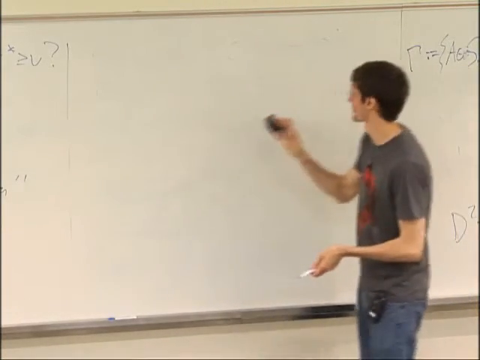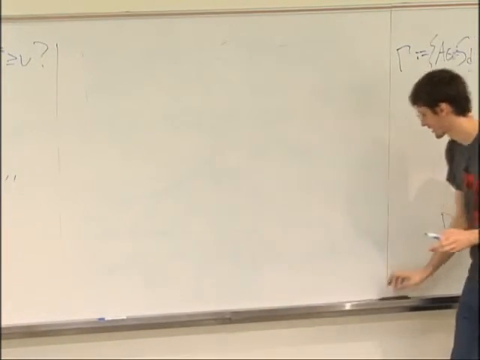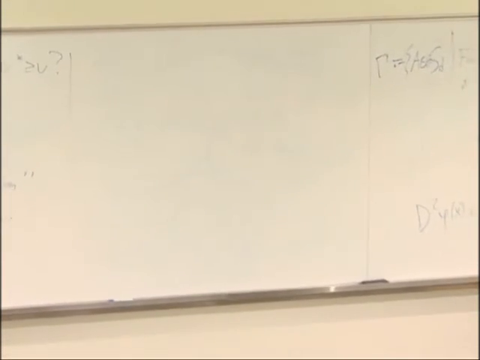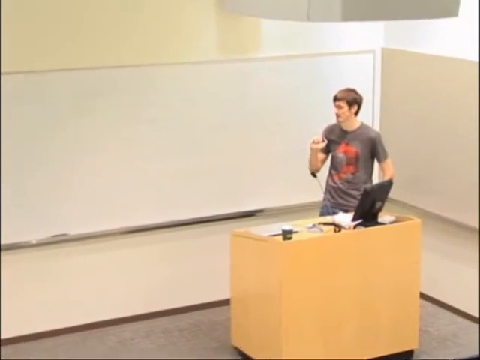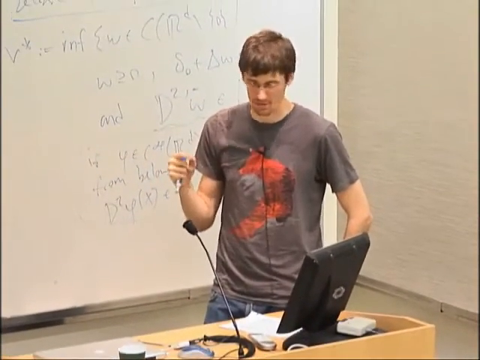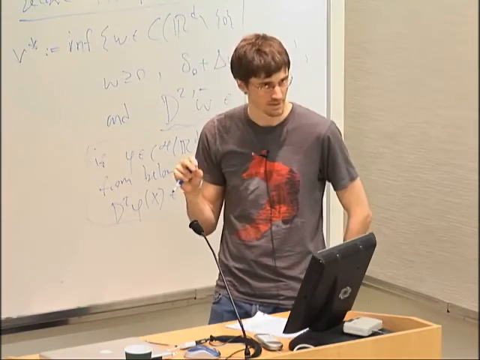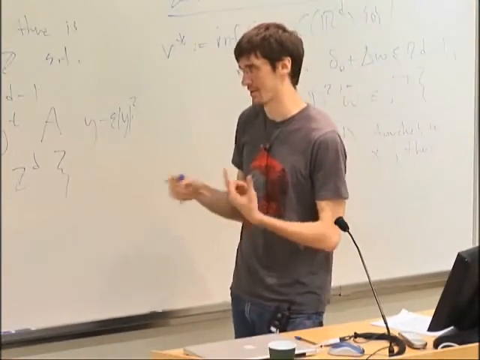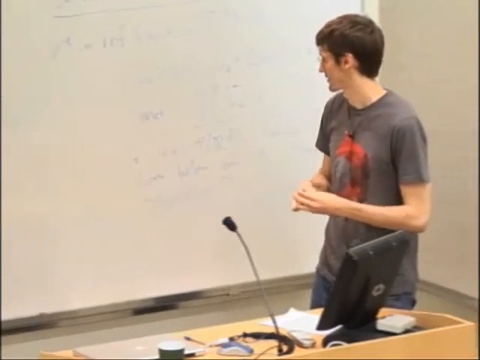Well, not a very nice textbook, but still a textbook. You can get this out of Hormander, or you can read textbooks on singular operators and get it from there. Those are the only two places that I know of to find it.